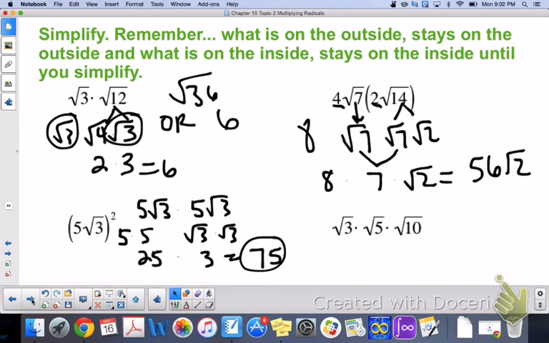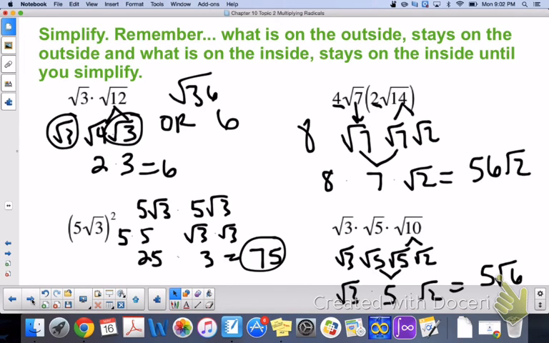Totally up to you. The next one, root 3 times root 5 times root 10. Again, you can multiply: 5 times 10 is 50, times 3 is 150, and split that. Or I could recognize that root 10 is root 5 times root 2. So I have the root 5 and the root 3. Now root 5 times root 5 is root 25, which is just 5. And I still have the root 3 and the root 2, and those two I can combine. 3 times 2 is root 6, so I get 5 root 6.